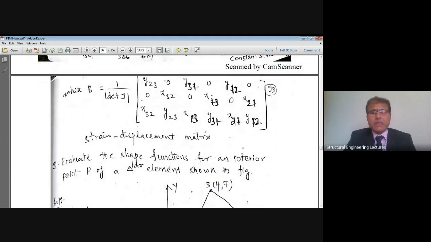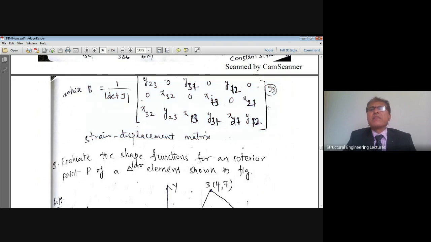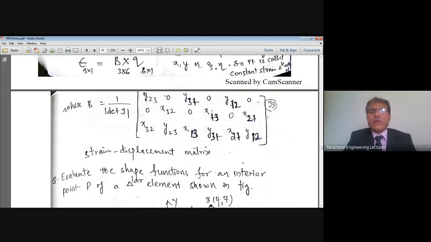This is given by 1/det J times the matrix with rows [y23, 0, y31, 0, y12, 0], [0, x32, 0, x13, 0, x21], and [x32, y23, x13, y31, x21, y12]. Let us say this is the 22nd equation.